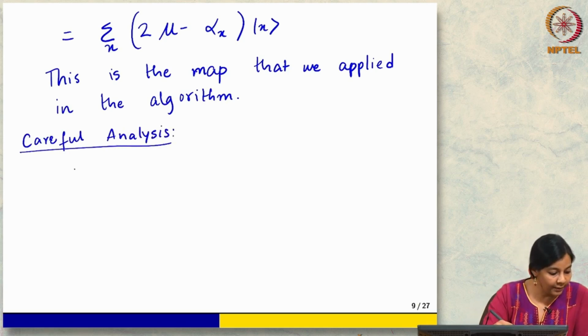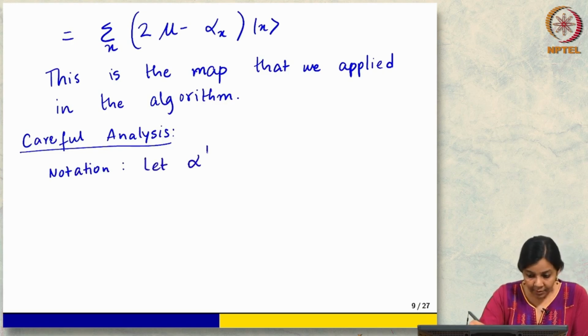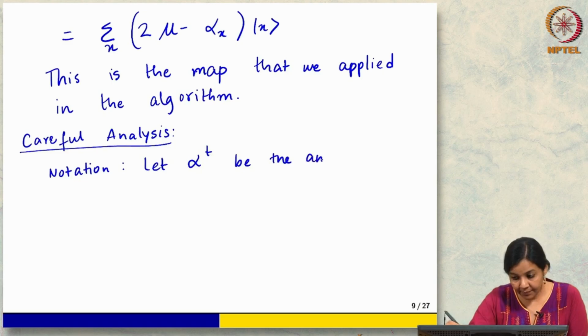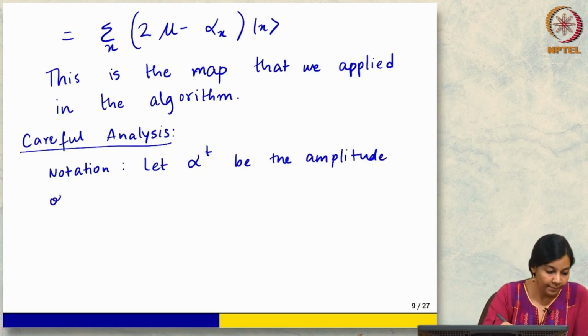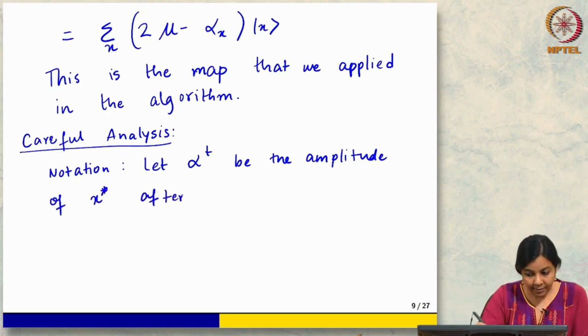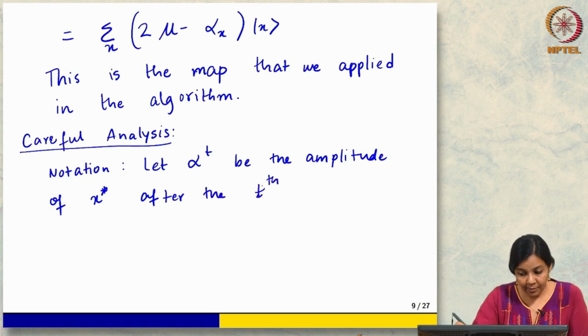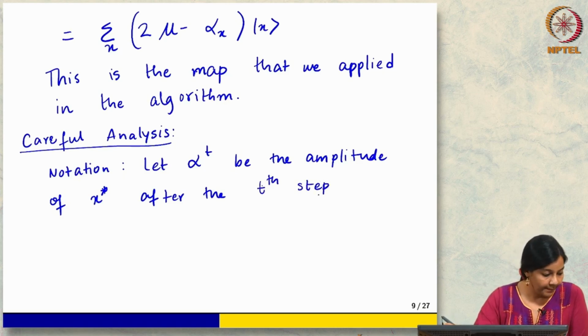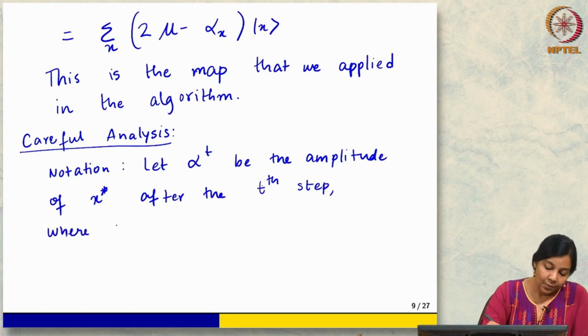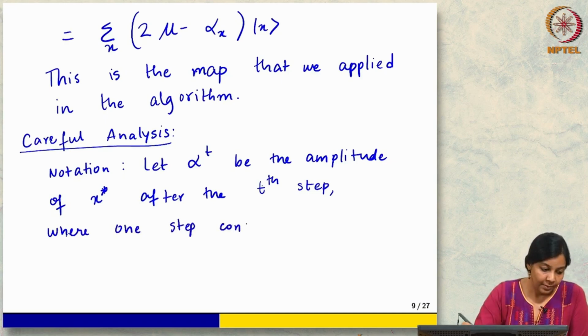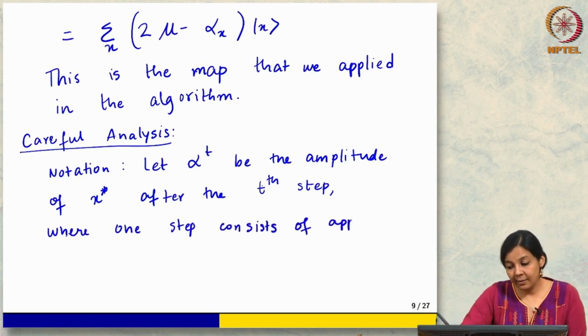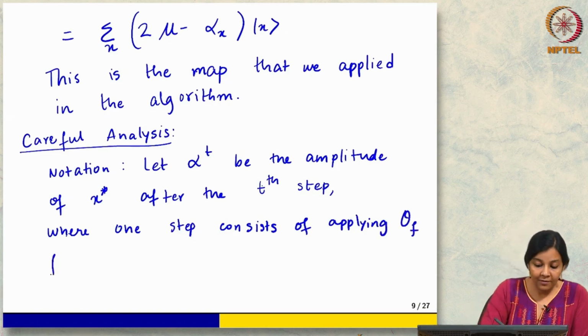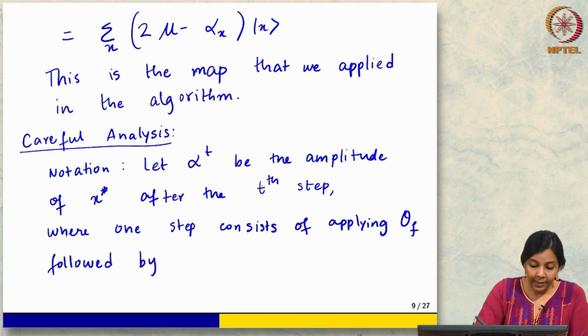Let alpha t be the amplitude of x star after the tth step, where one step consists of applying O_f followed by this reflection step.